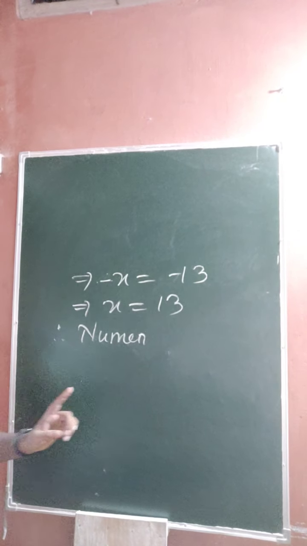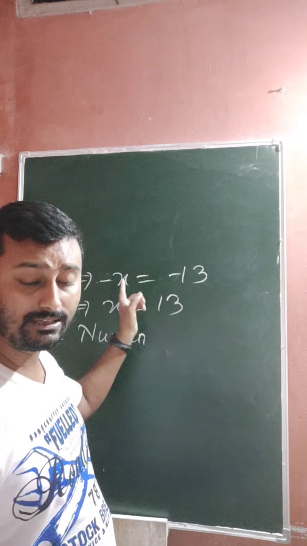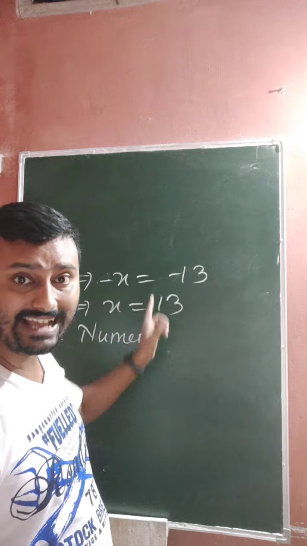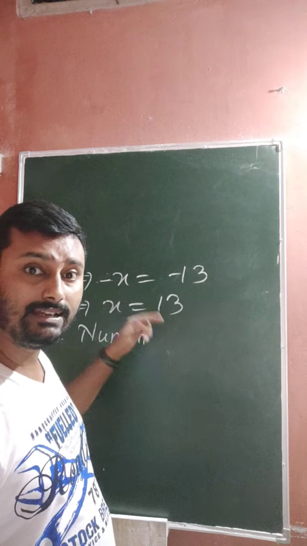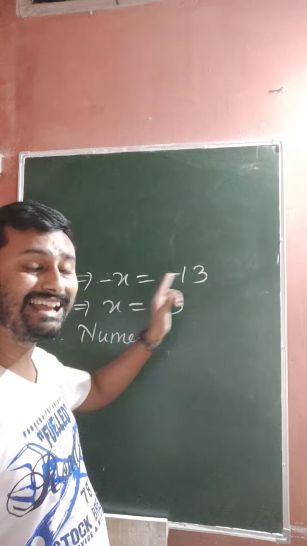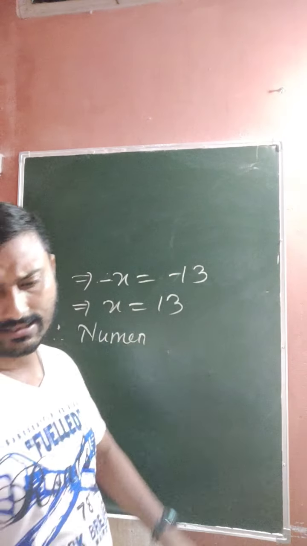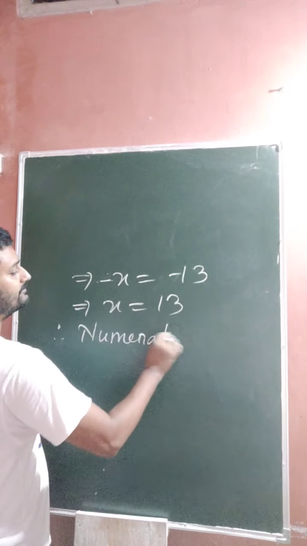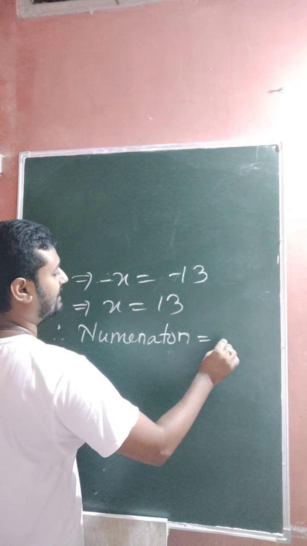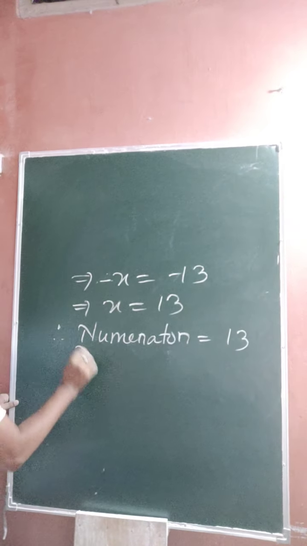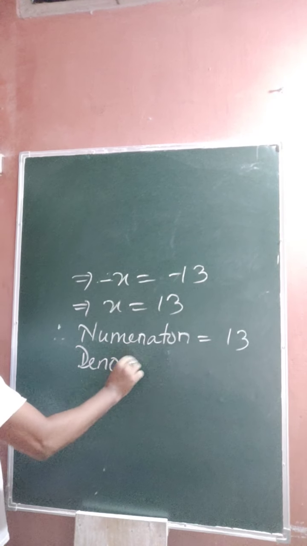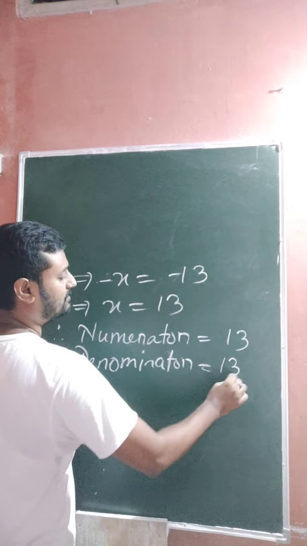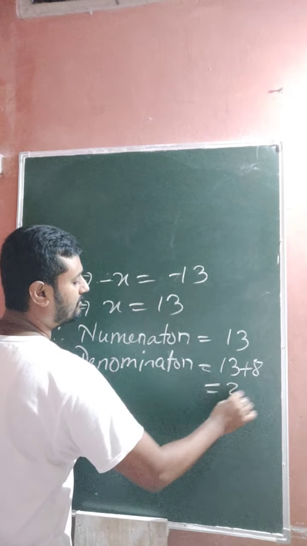Okay, sorry, one thing: previously we wrote therefore the fraction is x divided by x plus 8. In this case you can write therefore the rational number is x by x plus 8, because in this case they are actually mentioning the rational number. Okay, therefore the numerator is x, that means 13, and the denominator is x plus 8, that means 13 plus 8 becomes 21.